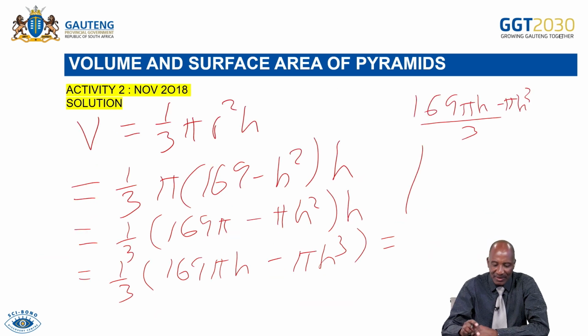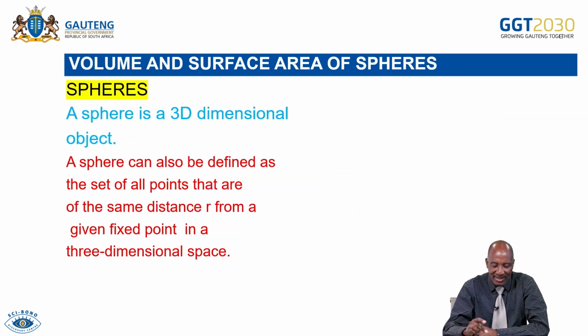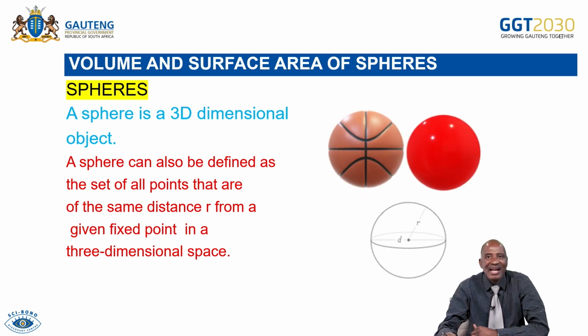Okay. Right, let's proceed to the last part of the question, which speaks to spheres. A sphere is a 3D shape. A sphere can also be defined as the set of all points that are of the same distance r from a given fixed point in three-dimensional space. So these are our spheres.